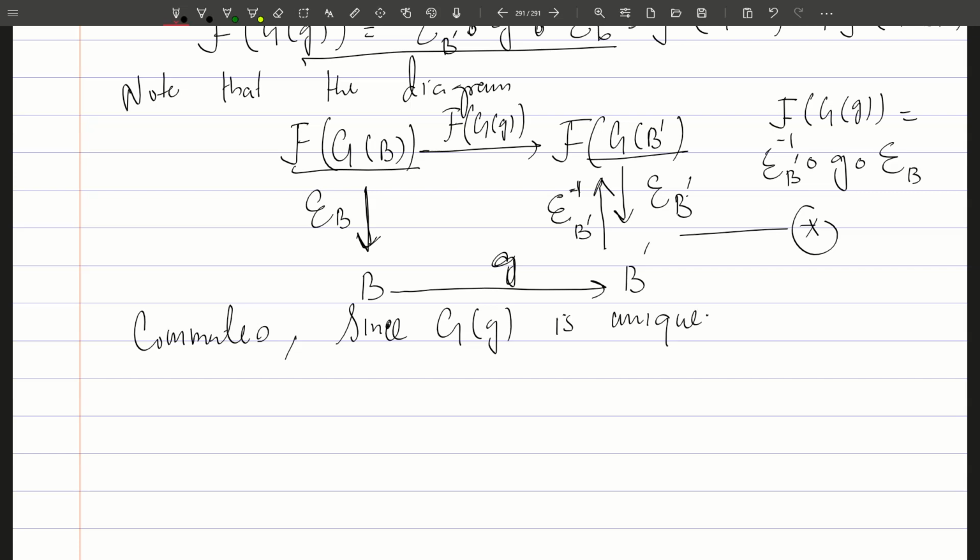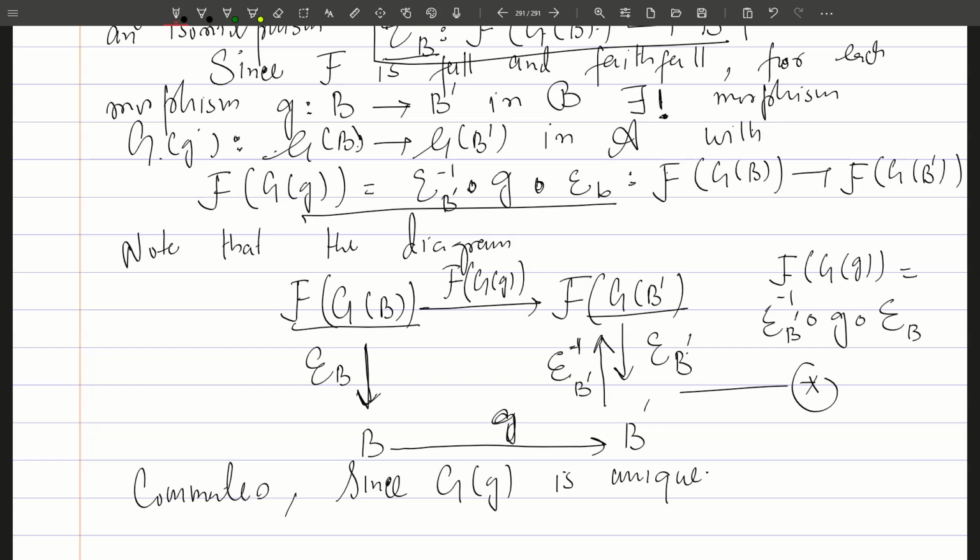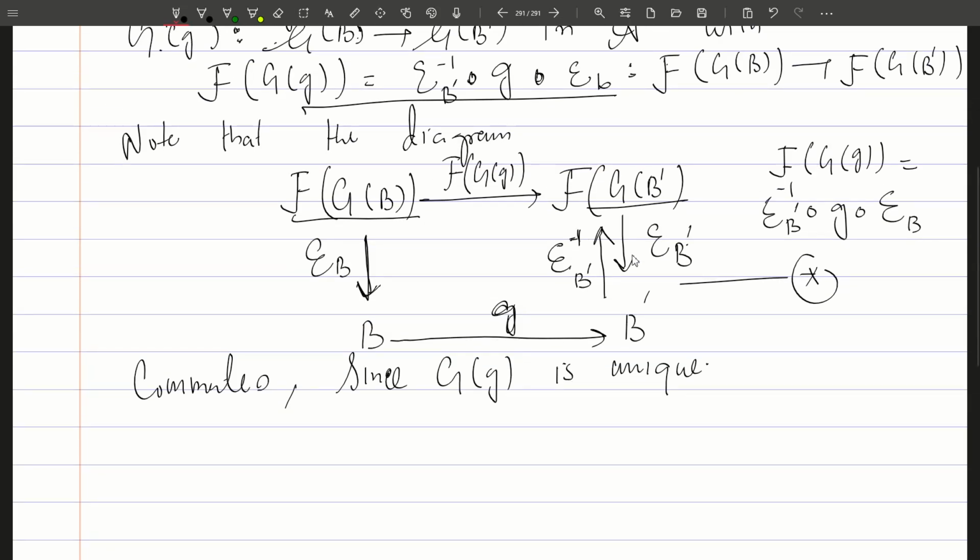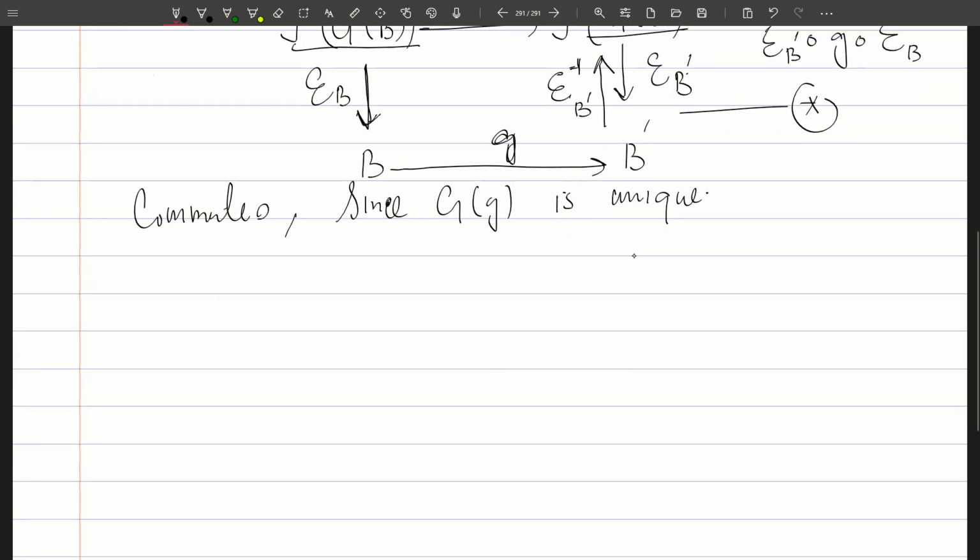Now, what we want to prove is that G is a functor. For that, we have to prove first that G preserves identities. To prove G preserves identities, we consider the following commutative diagram.